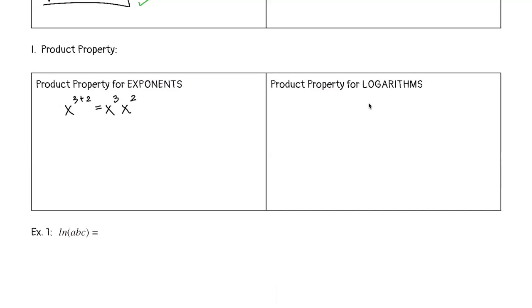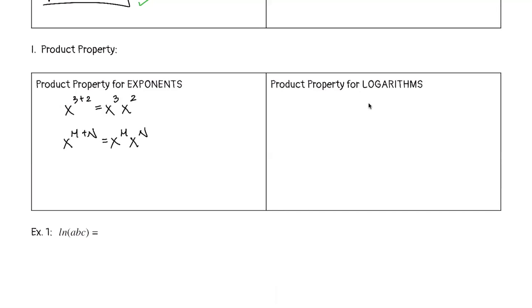If you have two different terms and they're multiplied together, what do you do when they have the same base? Well, you can add the exponents, right? So in general terms, we can write it like this: x to the m plus n equals x to the m times x to the n, right?